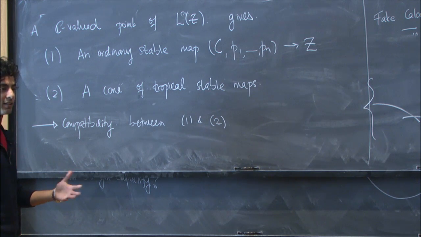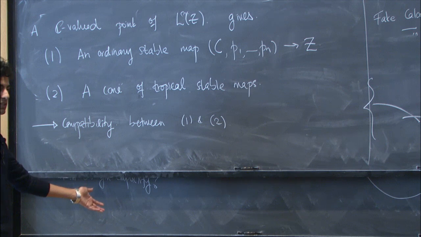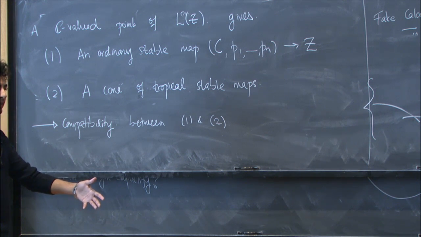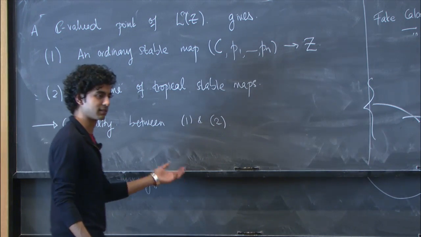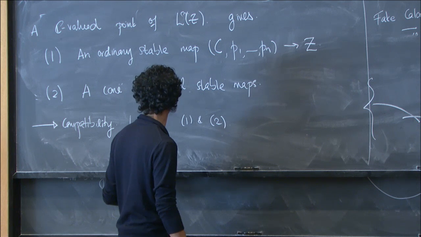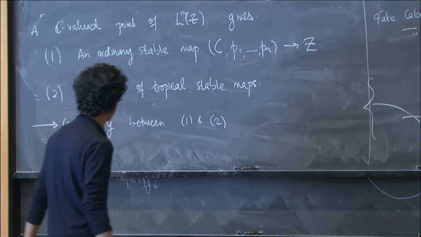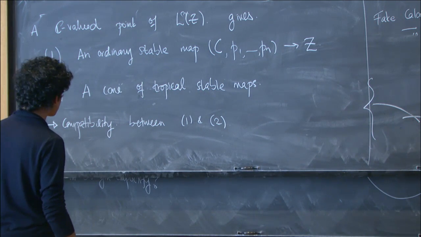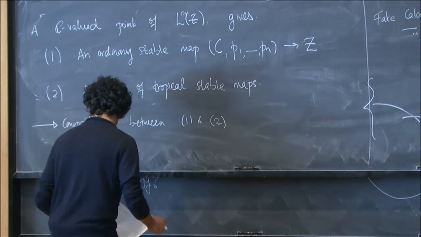In genus 0, this is going to give you something that's the modulus of the P1 times the dimension of your space, and in the genus 1 case, you'll just get something that's the number of points on the elliptic curve. Okay, so there's a compatibility between 1 and 2.